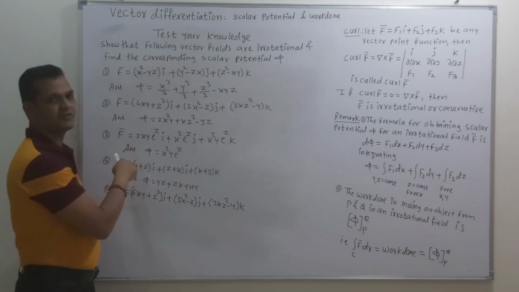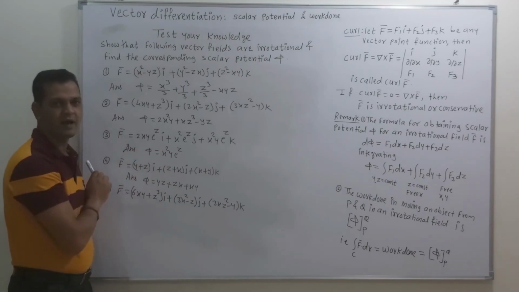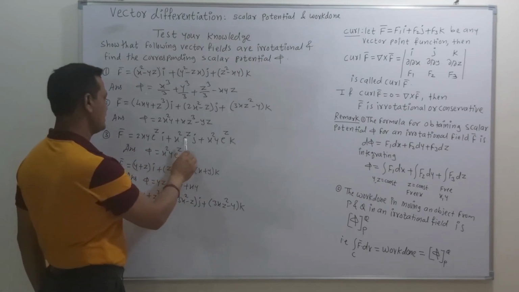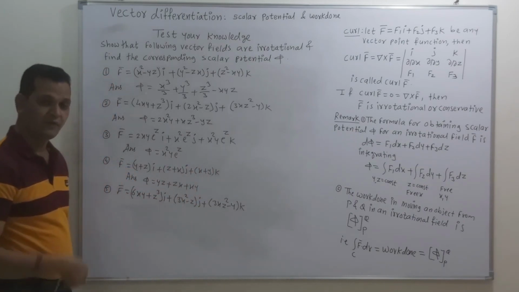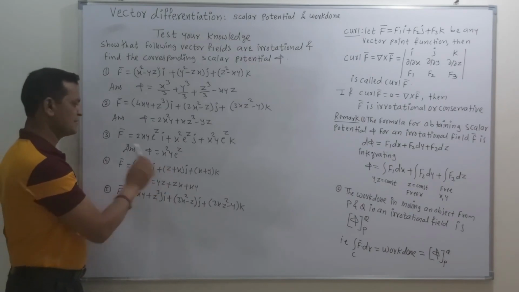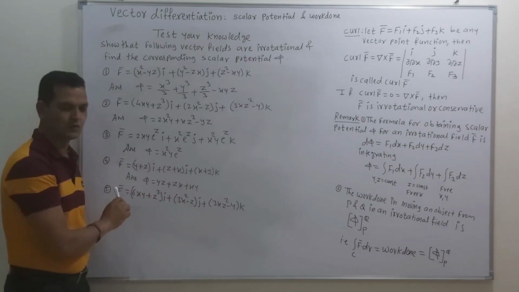The third question: vector field f bar is given as 2xy e raised to z i plus x square e raised to z j plus x square y e raised to z k, which is again irrotational, and the scalar potential phi is x square y e raised to z.